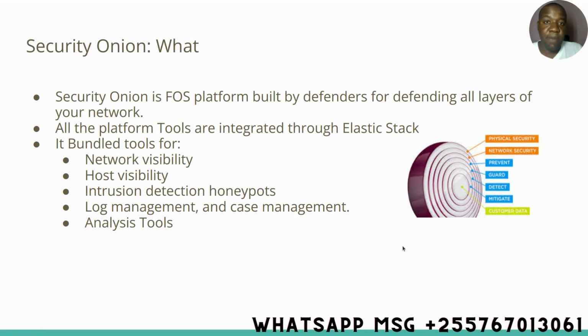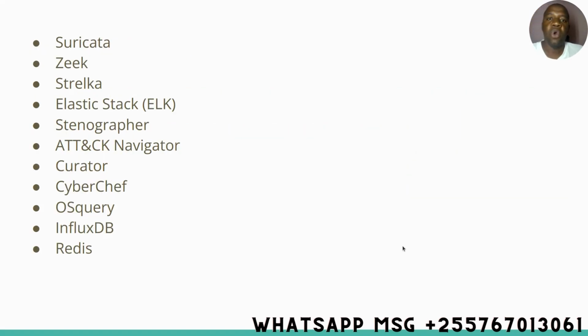So we have one platform with a number of tools integrated together, and they have integrated them by using Elastic Stack, ELK. In our fundamental series, we talk about Elastic Stack and implementing it. So now we are starting to appreciate even more the value of it, because all those tools that we are going to see and discuss are being brought together and integrated by the power of Elastic Stack. We are going to see that as we keep on going further and further.